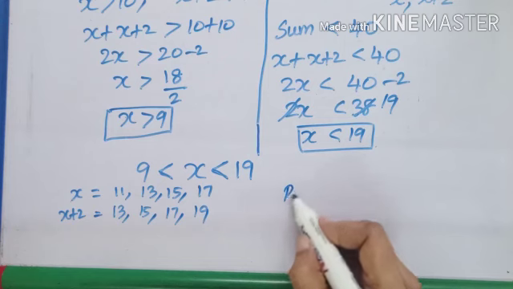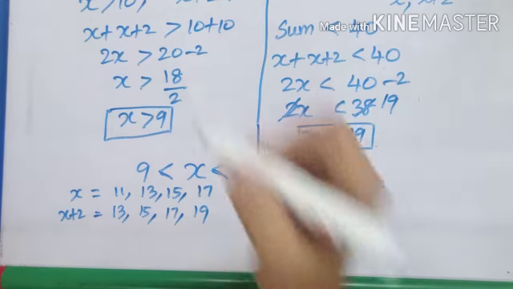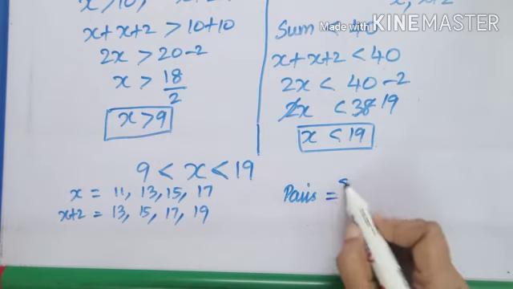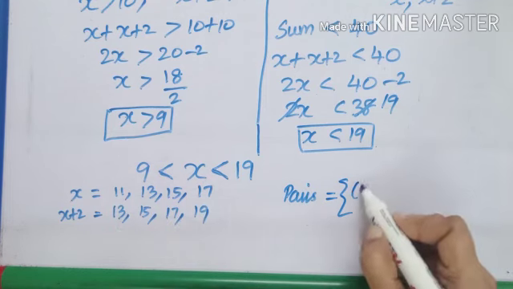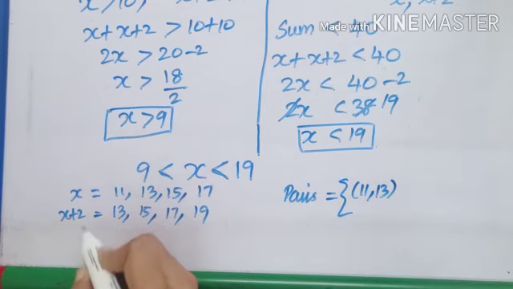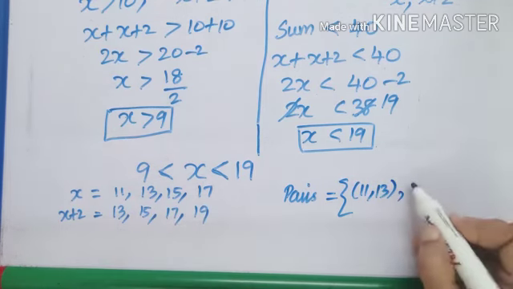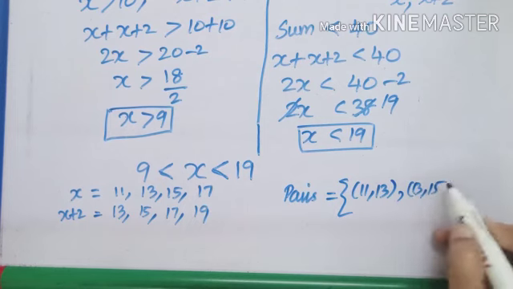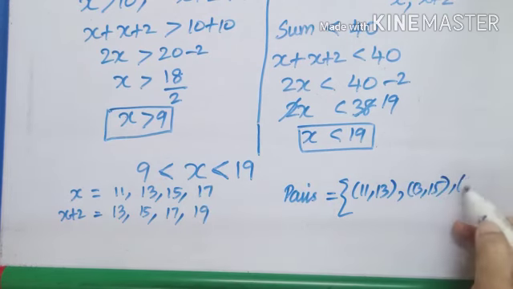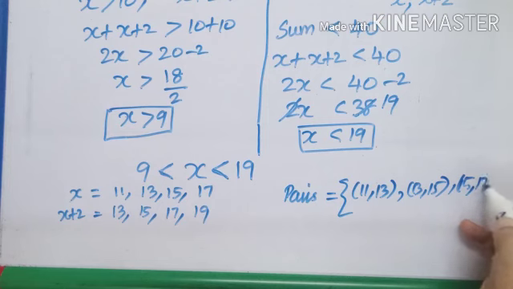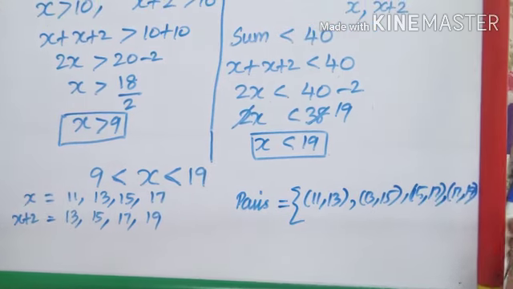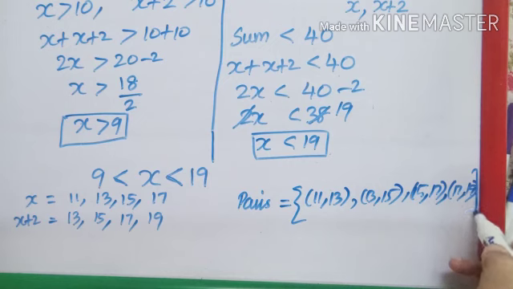So what are the pairs that I get? I need the consecutive odd numbers. I may have 11 and 13, x and x plus 2. Or 13 and 15. Or 15 and 17. Or 17 and 19. That is the expected answer.